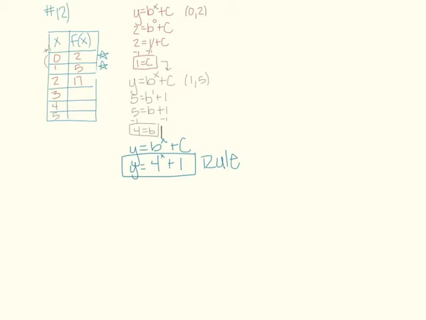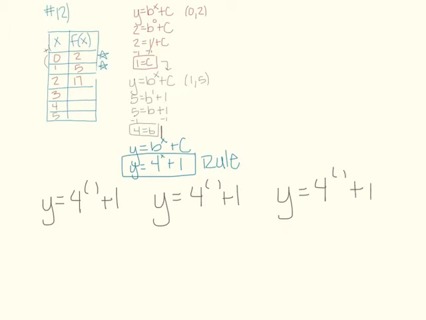So let's go ahead and write that rule out. y equals 4 to the x plus 1. So our first x value is 3, our second one is 4, and our third is 5.